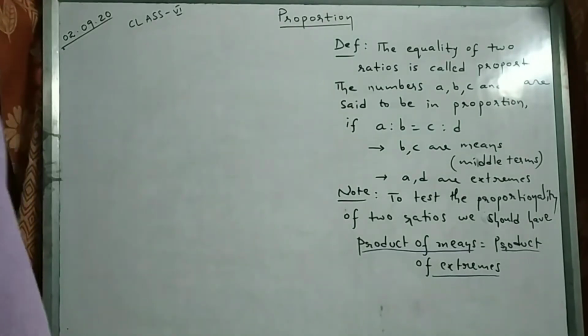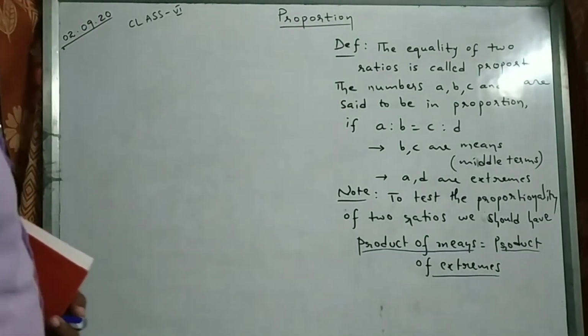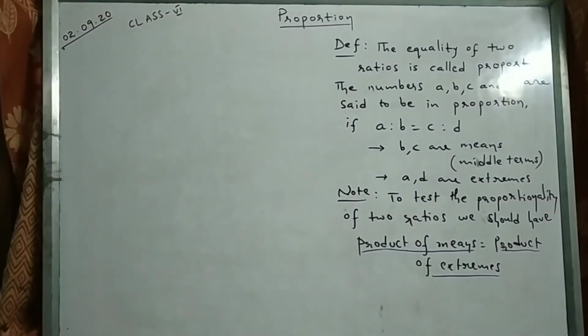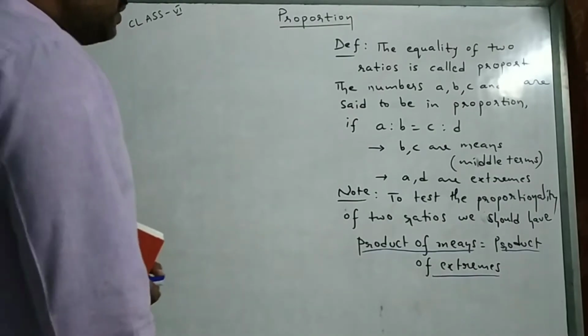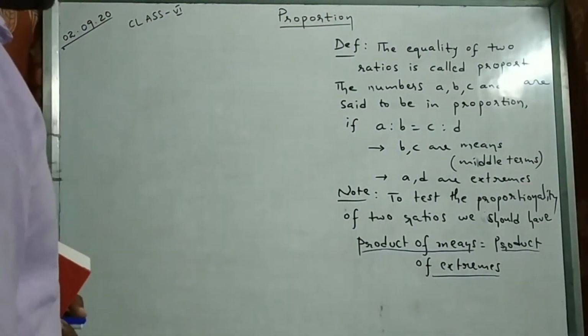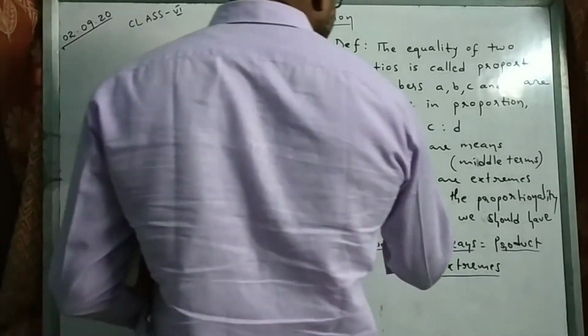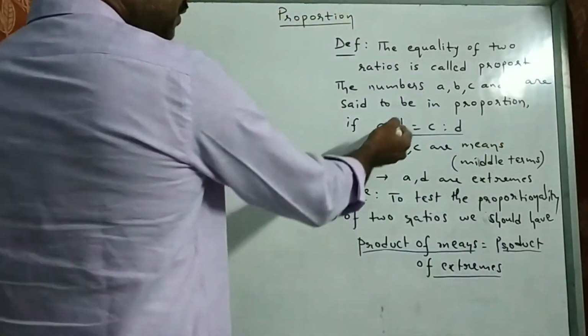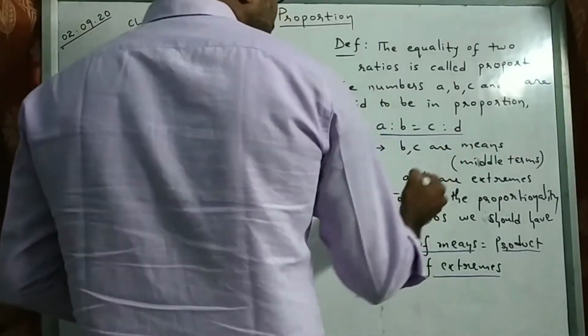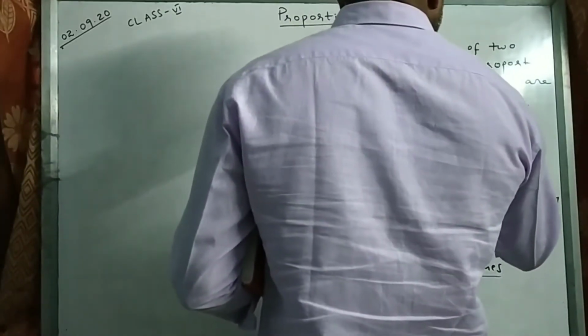So what is proportionality? Proportion, the equality of two ratios is called proportion. So to say that A, B, C and D are said to be in proportion if A is to B equal to C is to D. This is one ratio, this is another ratio. This can be written like this also.